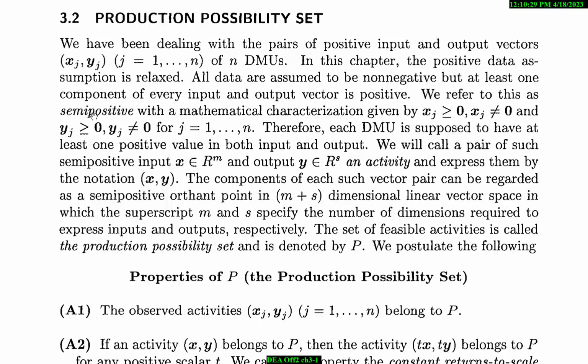Semi-positive means for the inputs we have xj greater than or equal to 0, all its components, but xj is not 0, which means that it has at least one positive component. And the same for the outputs for all the DMUs.